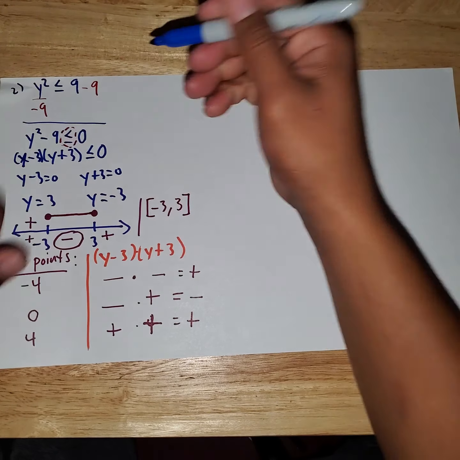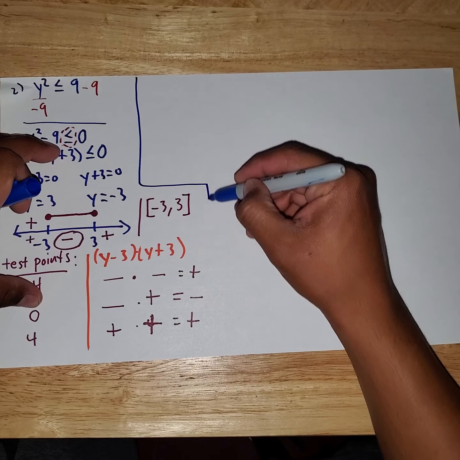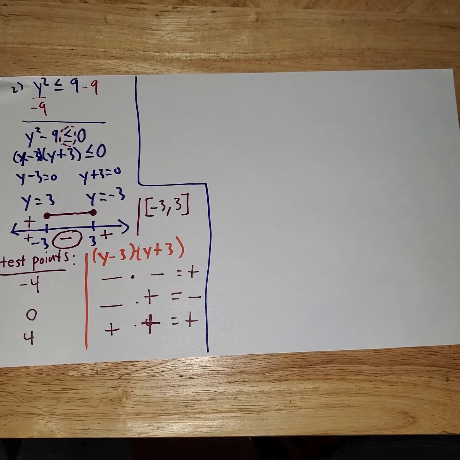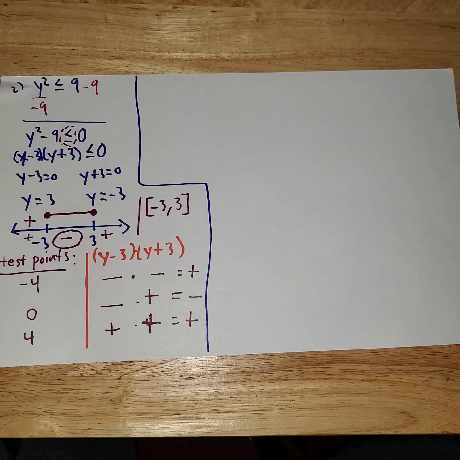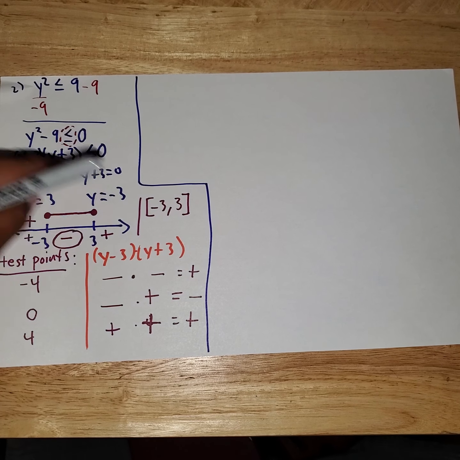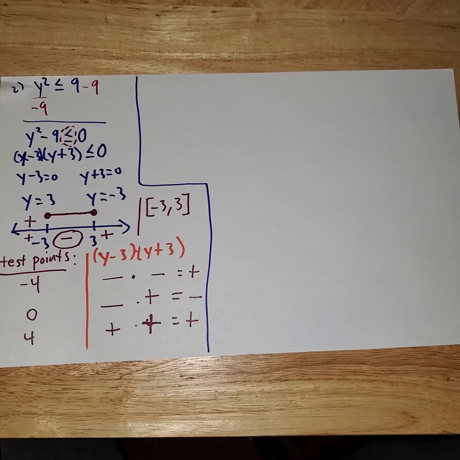So again, the first part of this is exactly what we did before. Move everything over to one side. Try to factor. Set each factor equal to 0. But since this is an inequality, you want to start thinking about your graph and what your graph is doing.